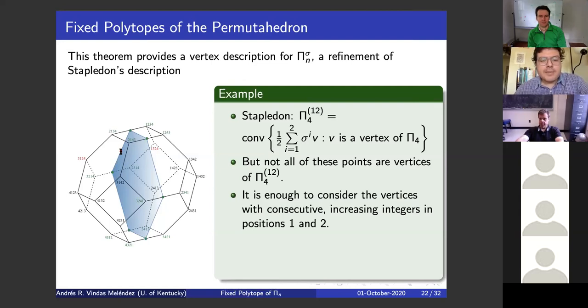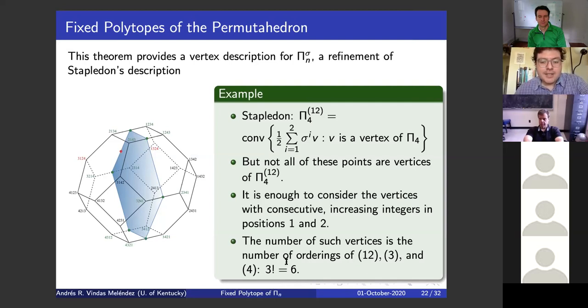But what our theorem says is that it's enough to consider the vertices with consecutive order increasing in integer positions 1 and 2. So the number of such vertices is the number of orderings of 1, 2, 3, and 4 with that constraint, and there's 3 factorial, which is equal to 6. So we know the number of vertices.